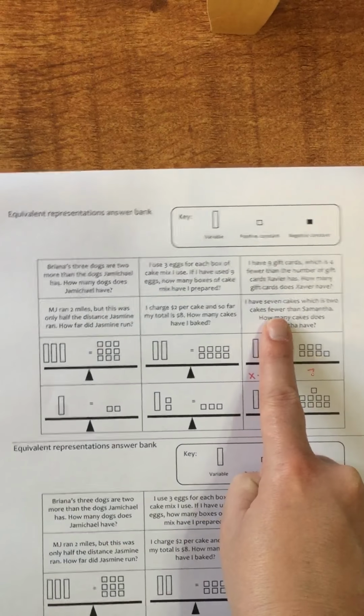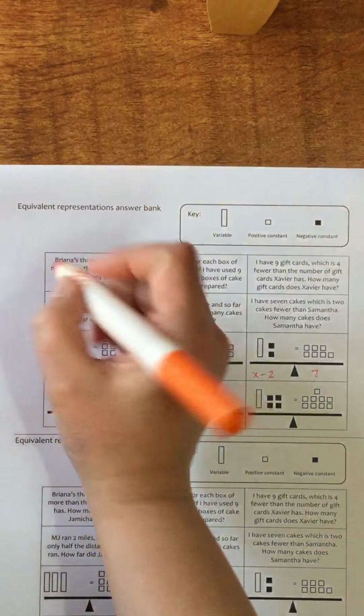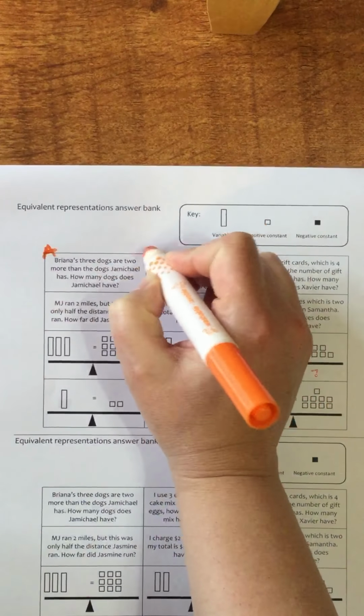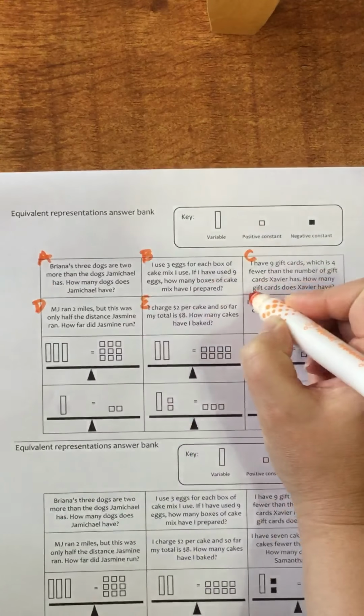So I'm supposed to be writing down letters, but I don't have any letters. So I'm going to go ahead and label these so that we're all working off of a consistent lettering system.